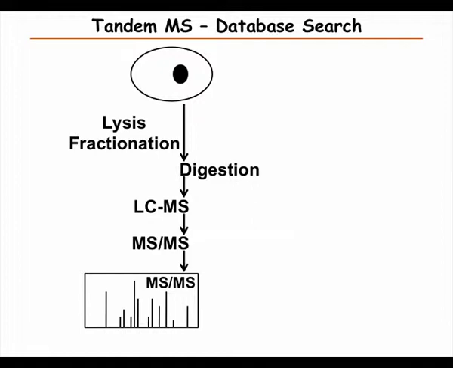If you calculate how many possibilities there are even for a small peptide, let's say 10 amino acids, you have 20 possibilities at each position. How many possible peptides are there?